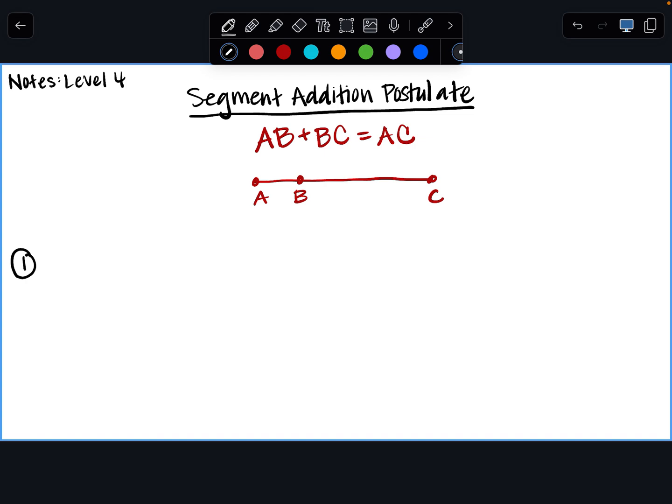Okay, I'm just going to go straight into examples. Level 4 has overlapping lengths.